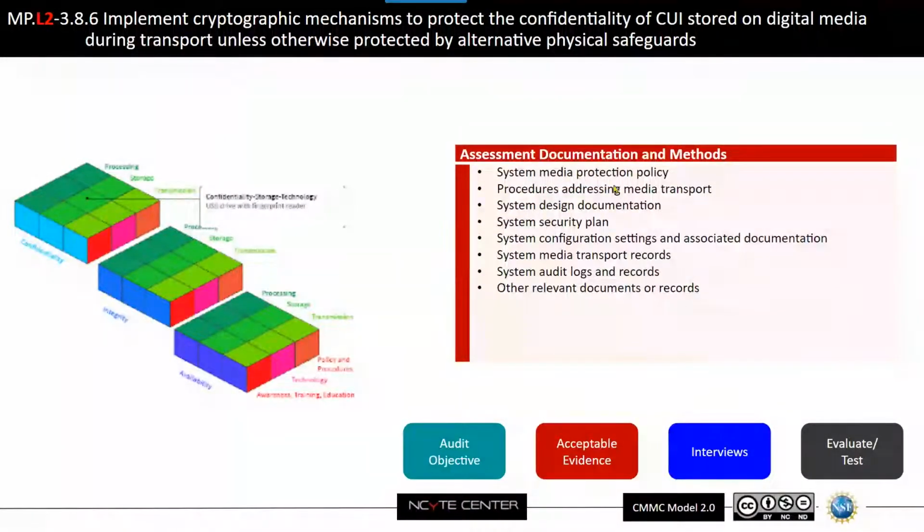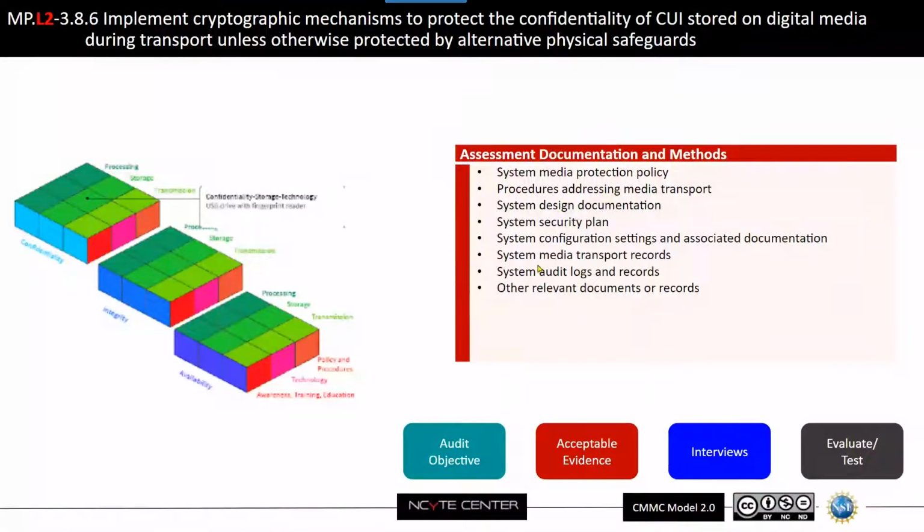All right, so our important ones here, I would say, are procedures for addressing media transport. The reason the system design documentation might be relevant here is because maybe the system is encrypting it already and is handling it, and this will define that. Also, the system configuration settings and associated documents would help define that.